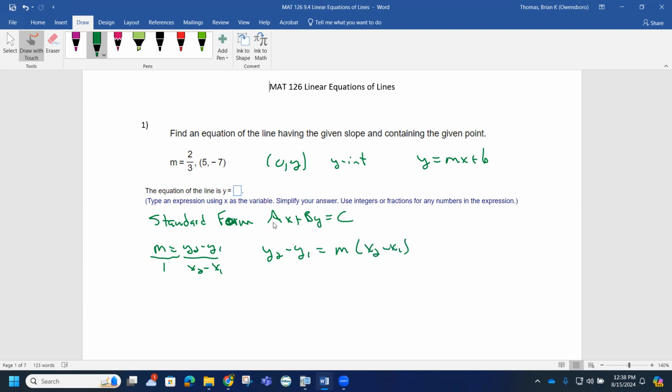What I can do is transform this into a two-variable equation by, instead of saying y2, changing this to y minus y1 equals m times x minus x1. This is actually called the point slope form.